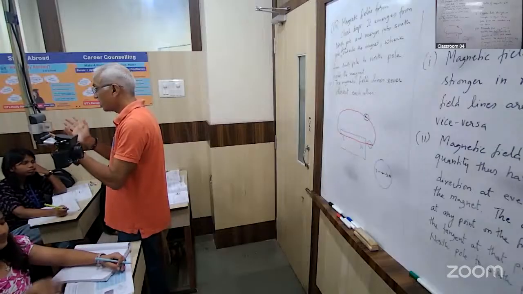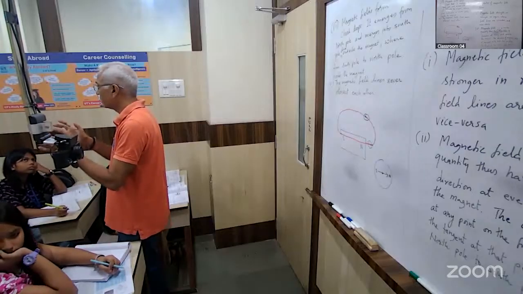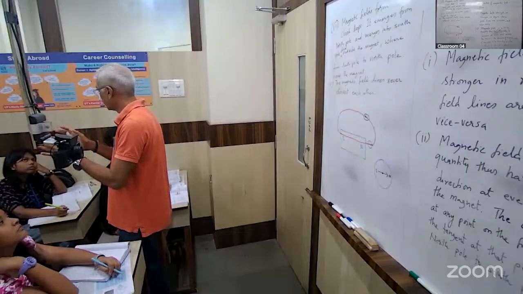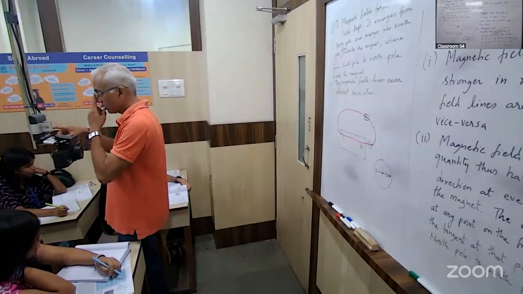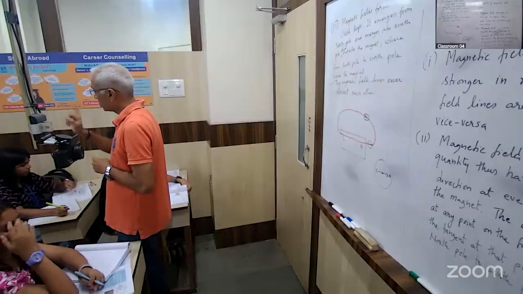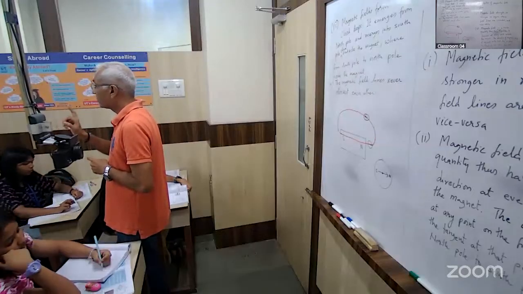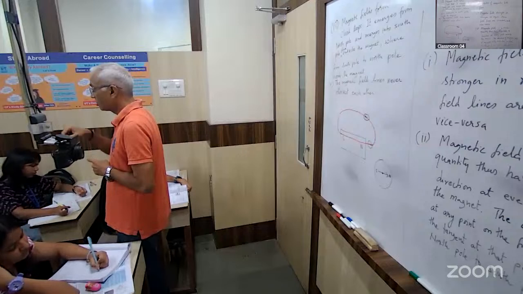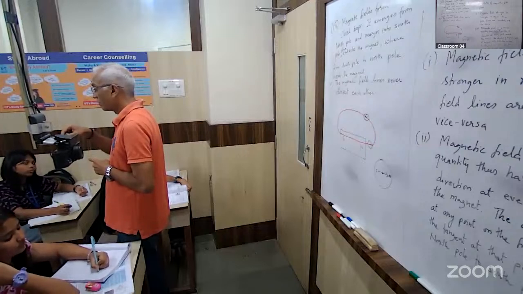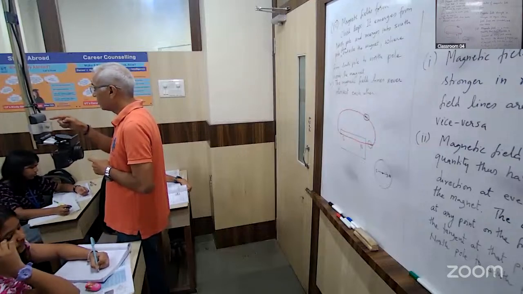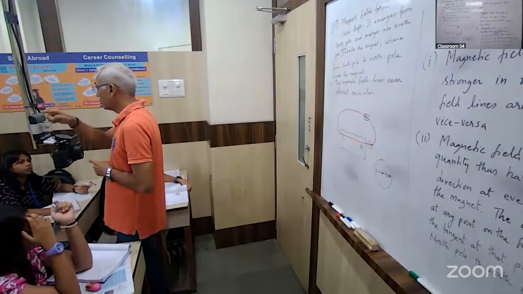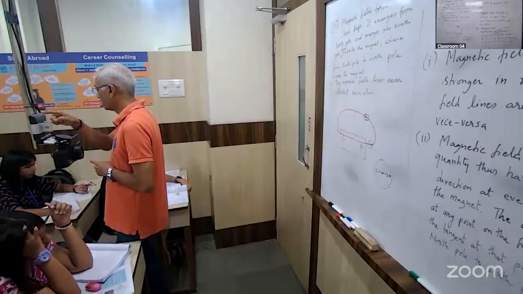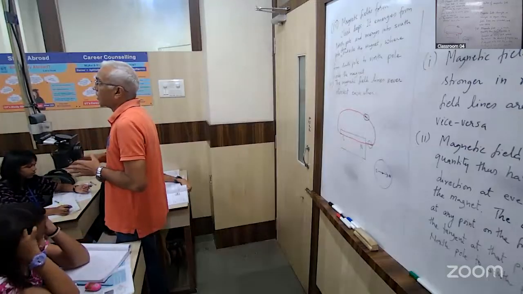Earth is also a giant magnet, but its magnetic field is very small, but enough to deflect the magnetic compass, which always points towards the geographic north, which is actually the magnetic south of Earth. Understood? That's why the north pole of the magnet points towards geographic north. So that is actually the magnetic south of Earth, right? And that field is weak.